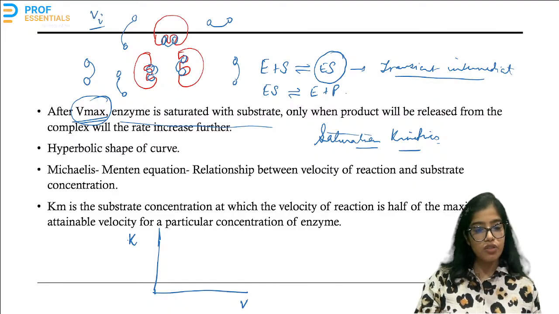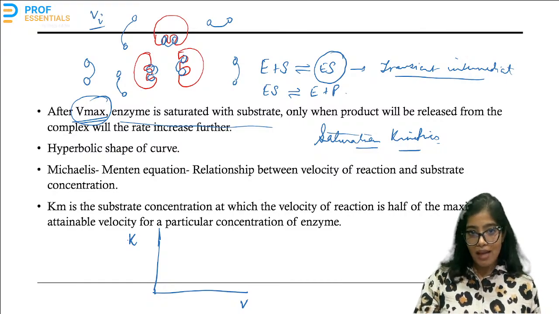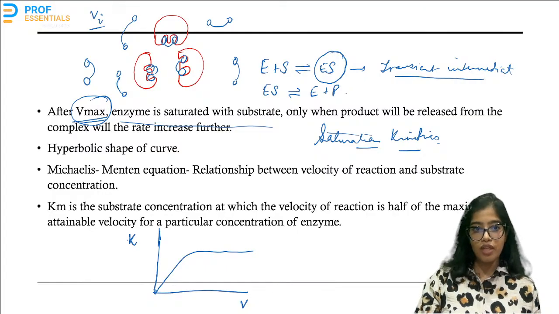That is how the concentration of the substrates affects the rate of the reaction in an enzyme catalyzed reaction. As the concentration of the substrates increases, the rate increases till a particular point where it has reached the maximum, which is Vmax.